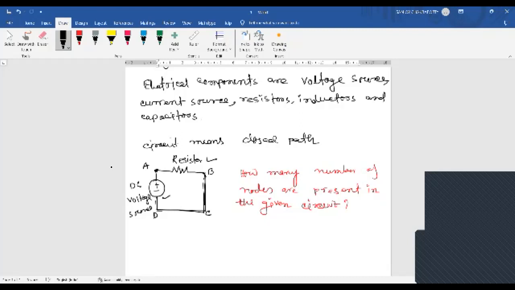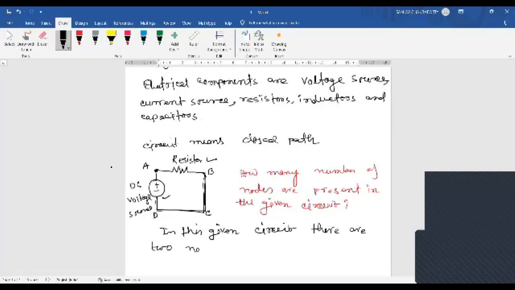So basically, in this given circuit, there are two nodes.